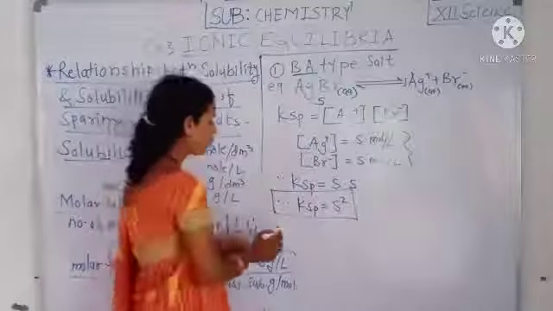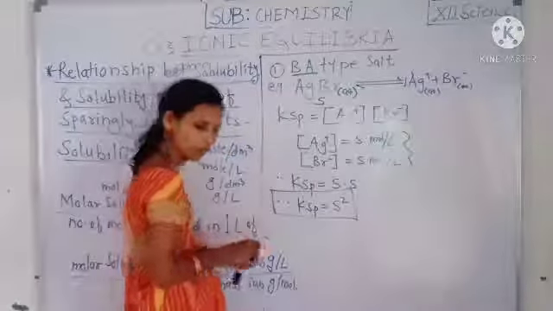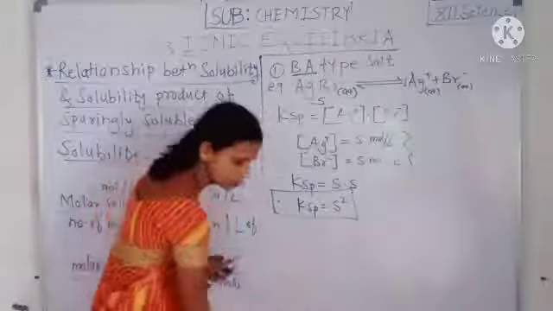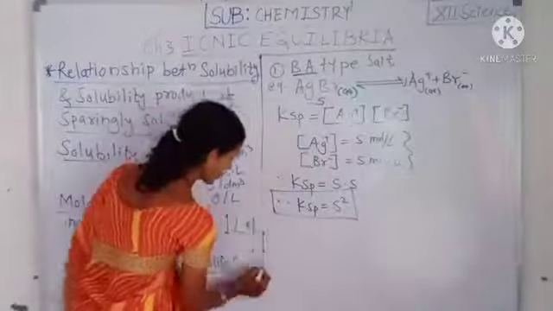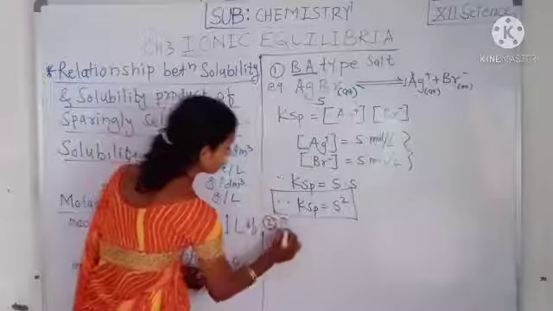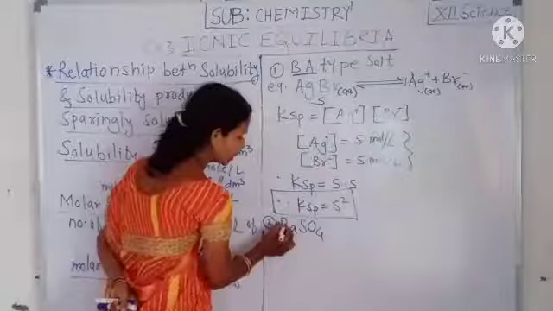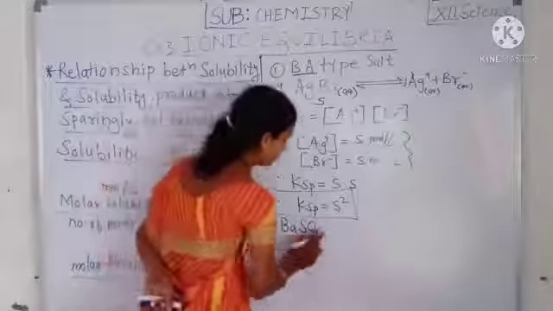Similarly, we can take one more example of a salt, that is BaSO4 salt, which is a sparingly soluble salt, barium sulfate.